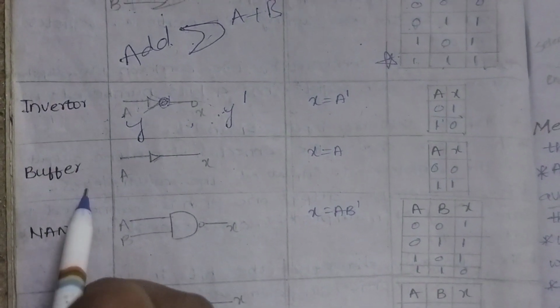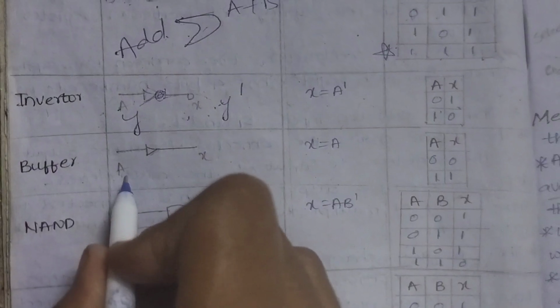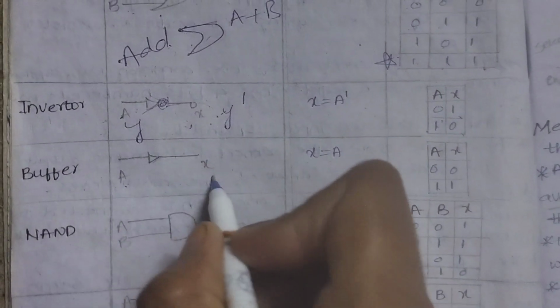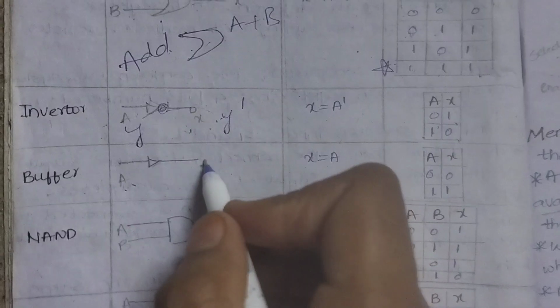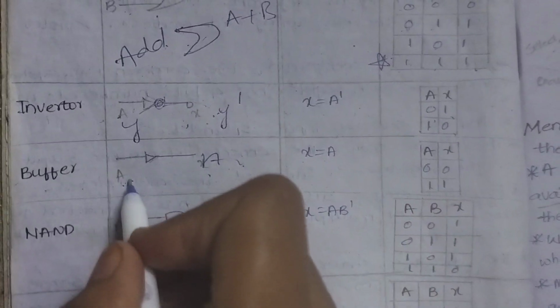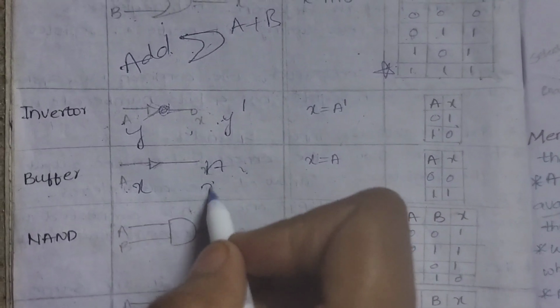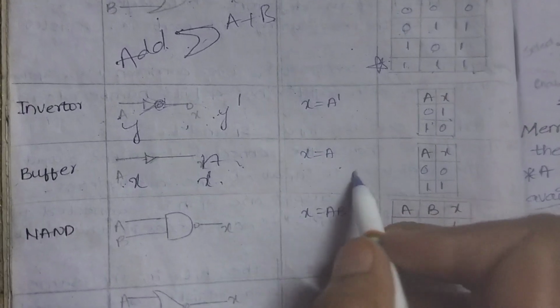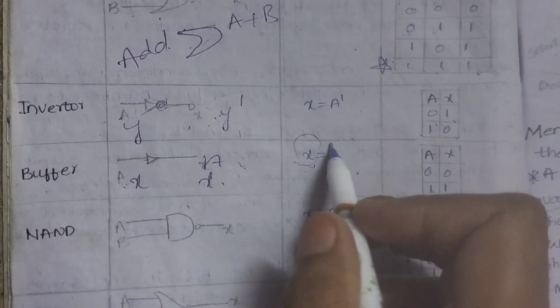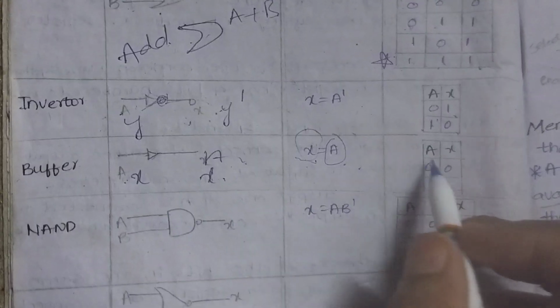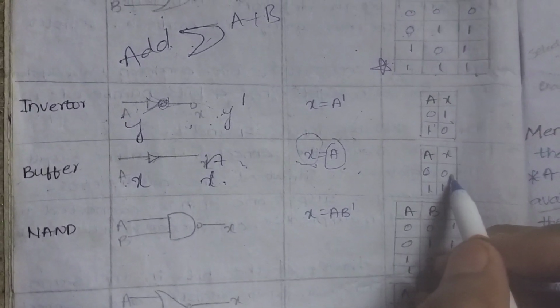Buffer. When we give an input, the same output will be produced by the buffer. When we give A as input, it will produce A. When we give X as input, it will produce X output. X equals A. When we give 0 input, it will produce 0.